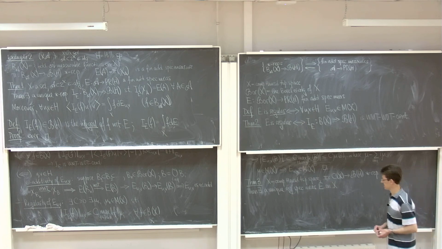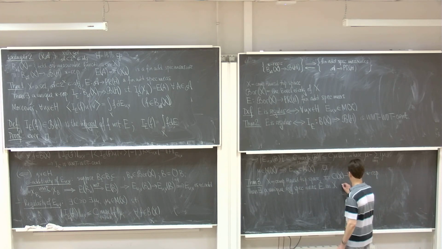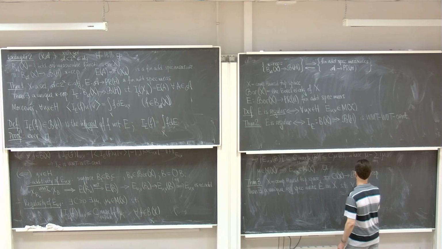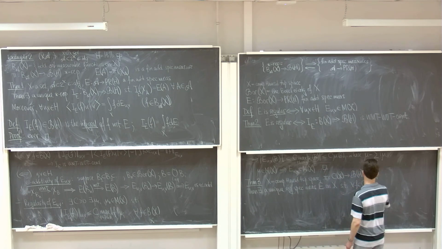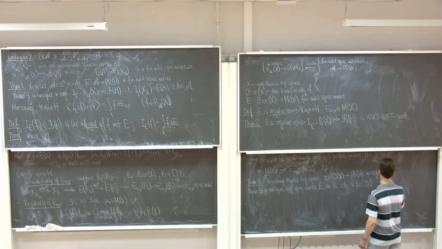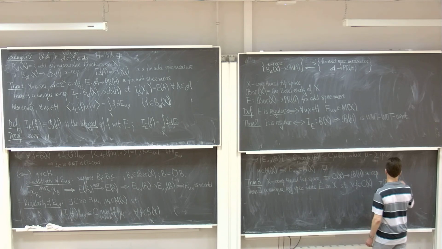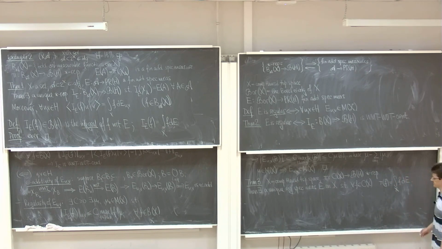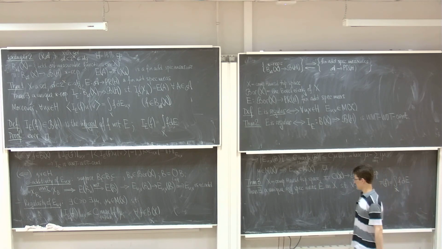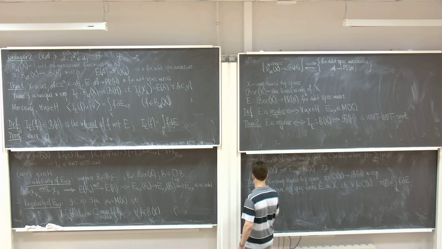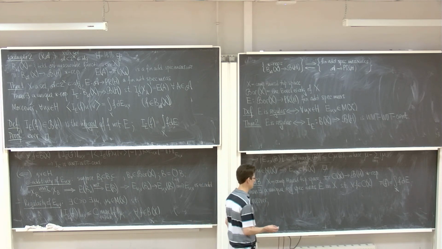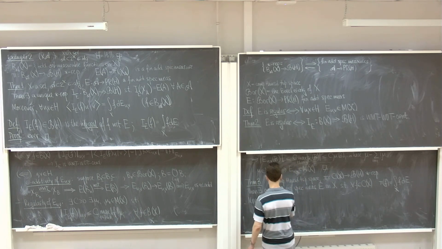So there is a unique regular spectral measure E on X, such that for each continuous function f on X, the following equality holds: pi of f is just the integral of f with respect to E. And moreover, if we extend pi canonically to the algebra of bounded Borel functions, then we have the following.